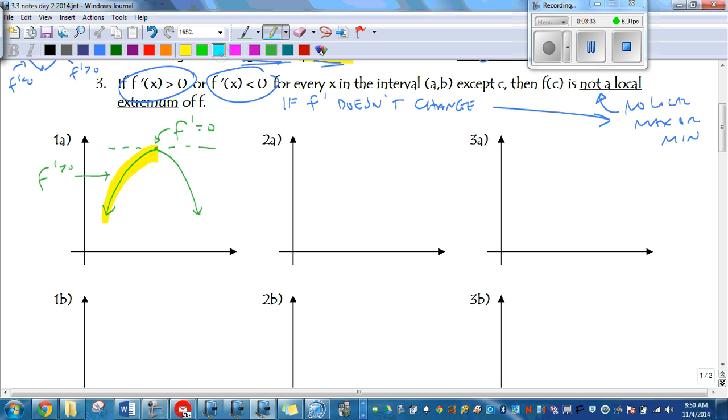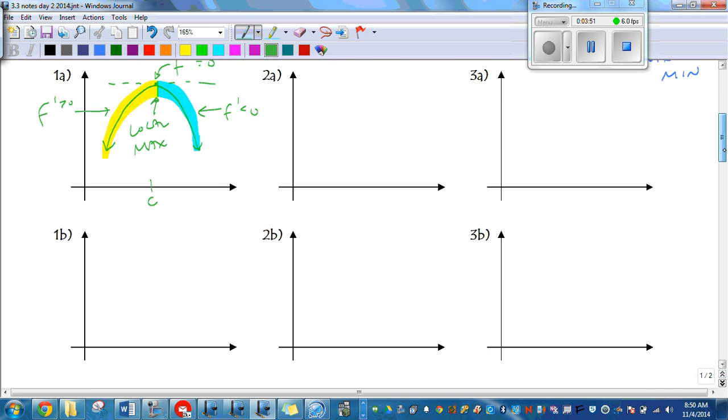And on the right side, the derivative is negative. So we end up with a local maximum. Right, so in this case, that happens when the derivative is 0.